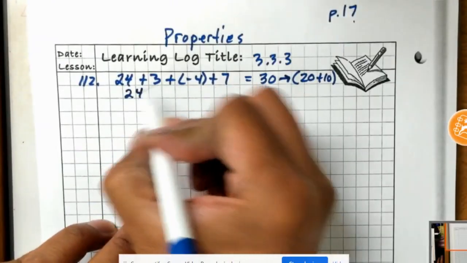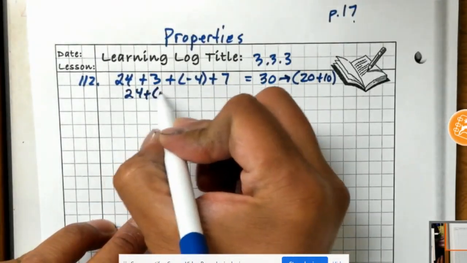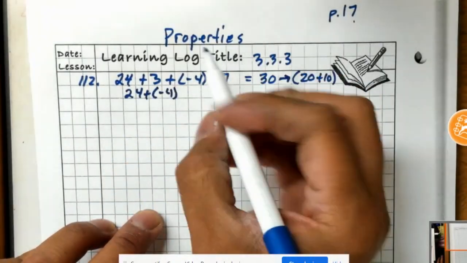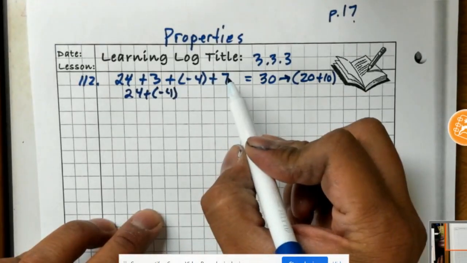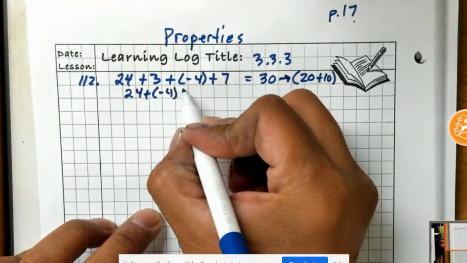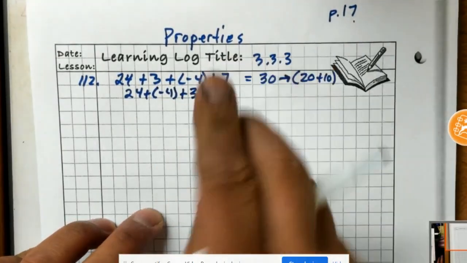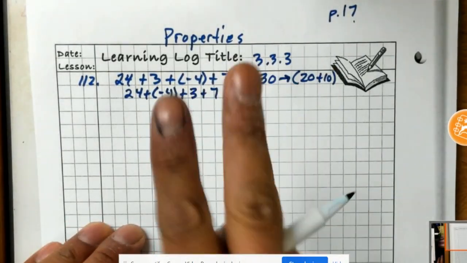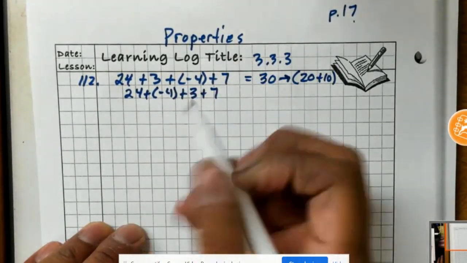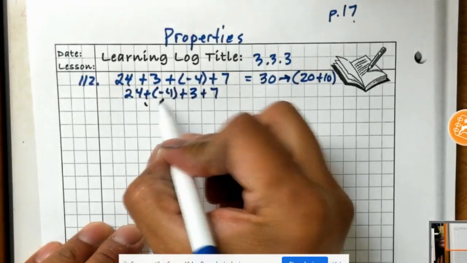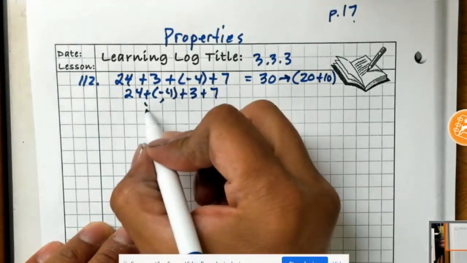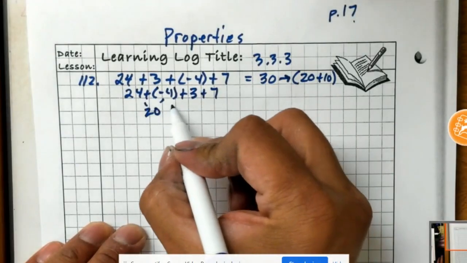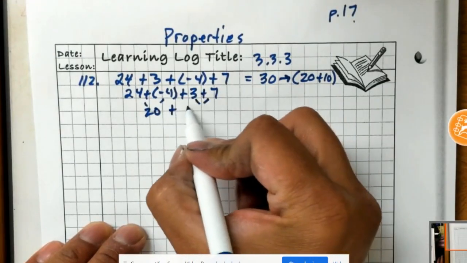So I'm just moving this plus -4 next to the 24, and then the 3 becomes next to the 7, plus 3 plus 7. Okay, so addition can go in either order. So that gives me 24 plus -4 is 20, and 3 plus 7 is 10.